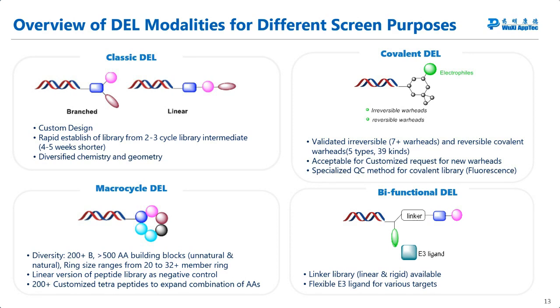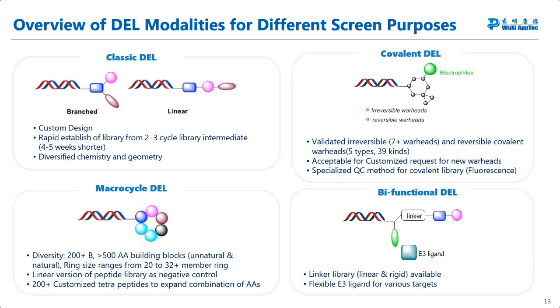We have the classic traditional DAL, presenting an impressive collection of up to 90 billion unique compounds. These libraries have been applied in quite a lot of DAL campaigns screening for novel ligands against several hundred client targets, primarily proteins, and with a few targeting RNAs.